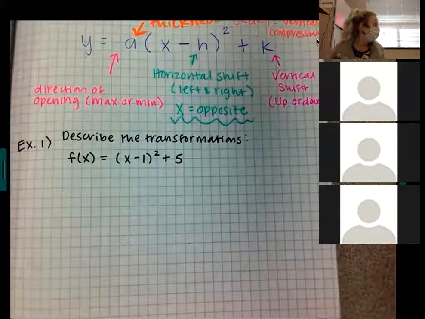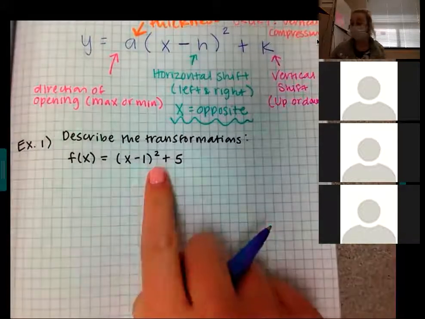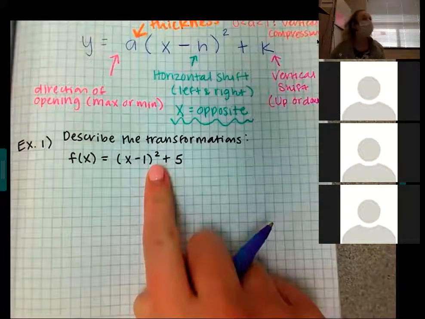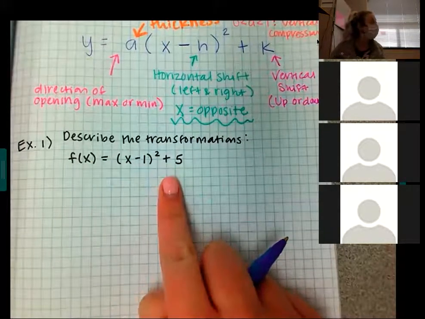What kind of function is this? Not what form, what kind of function? Yes, it's quadratic because the degree is 2. We remember that from unit 1, right? Okay, good. It's quadratic, which means we should be able to look at this and see where the vertex is.